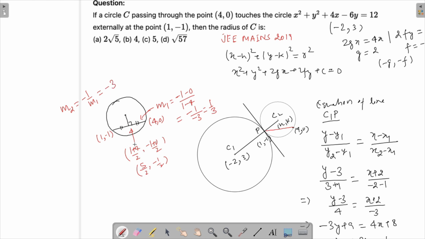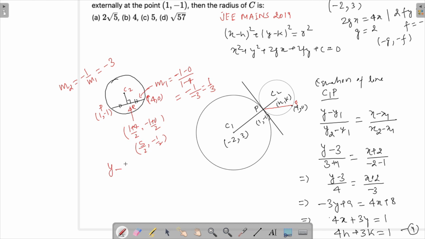Now I've got a point and the slope, right? So the equation of this line, which they're calling C2, and maybe this was P, this was Q, and this is maybe R. The equation of line C2R would be y minus y1, which is y minus (-1 by 2), equals m into (x minus x1), which is -3 into (x minus 5 by 2).